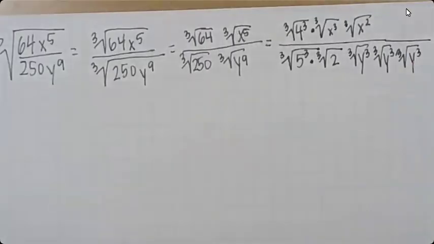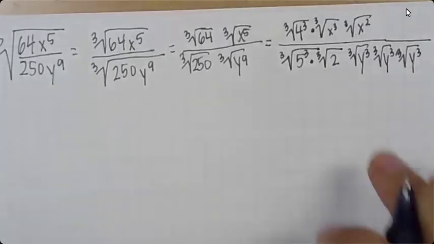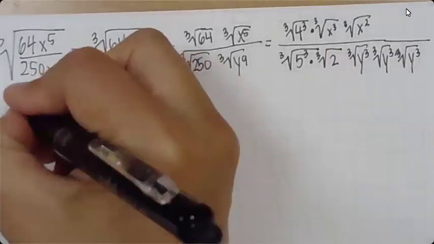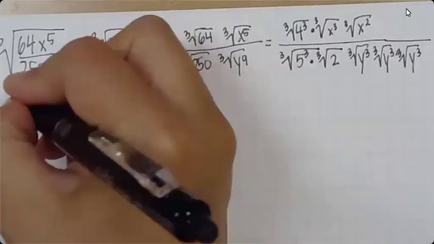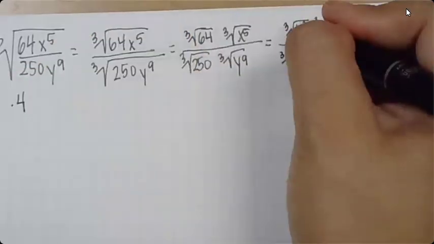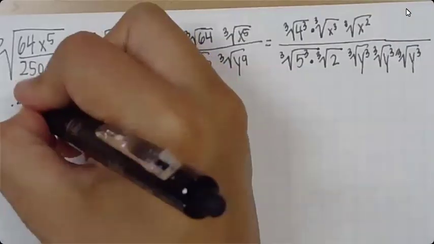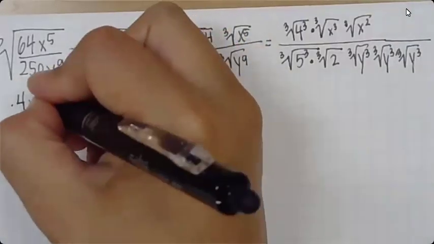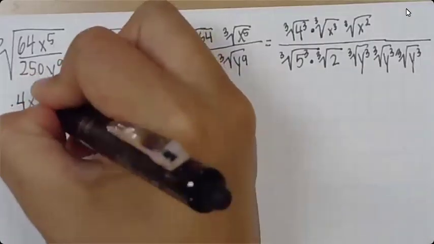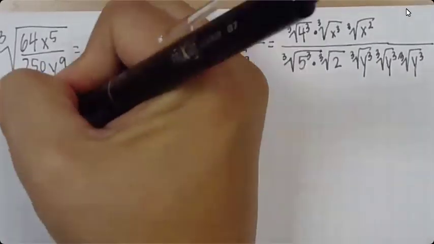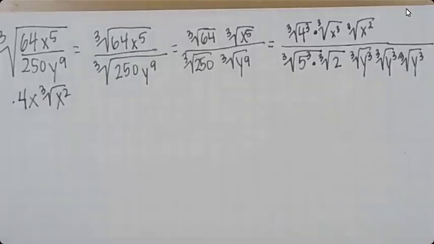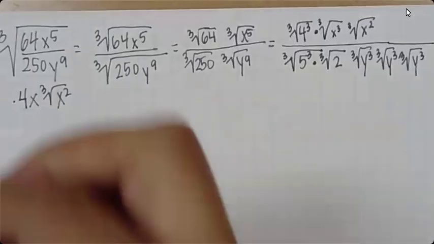Now I can do the simplifying. For the top part, I have 4, because I took out a 4, an x, because I took out an x, and I'm still left with the cube root of x squared. Now at the bottom, I can take out some stuff too.